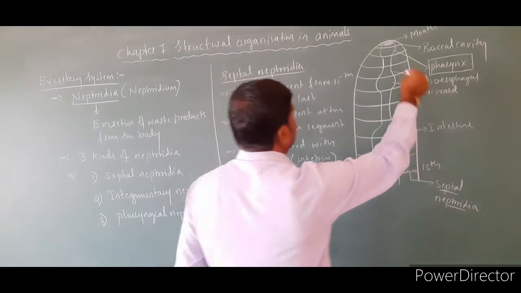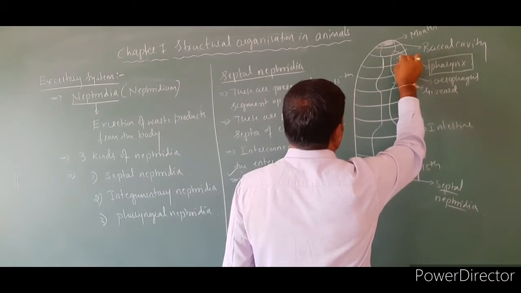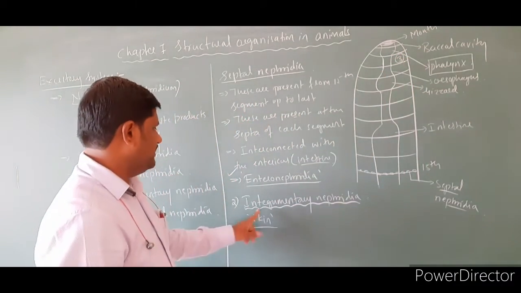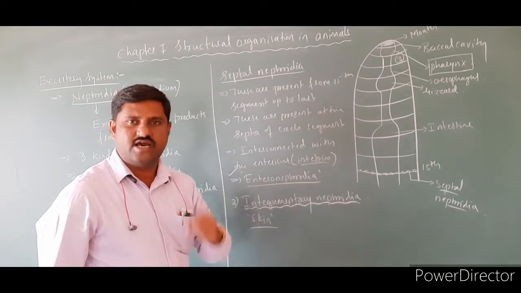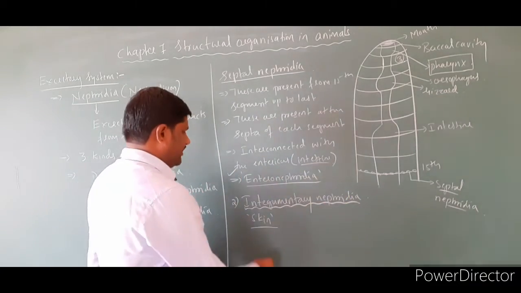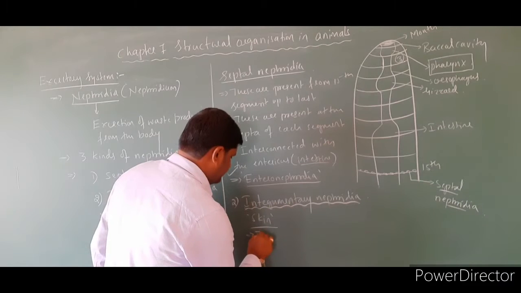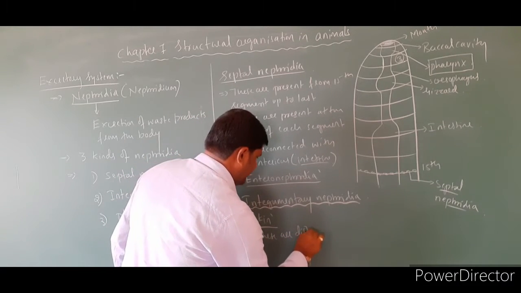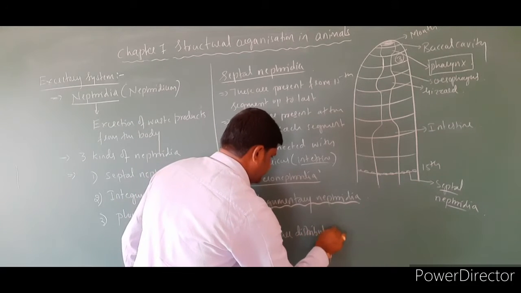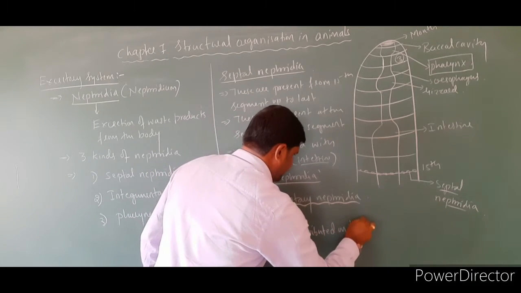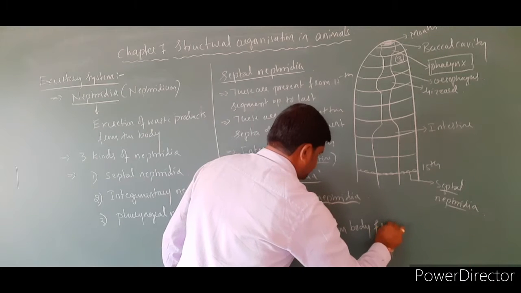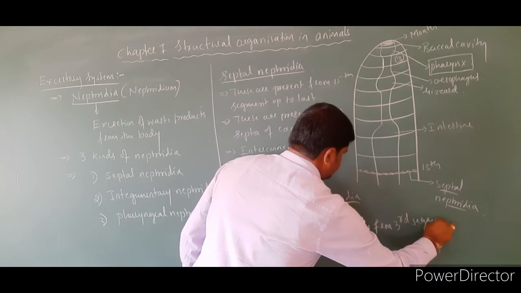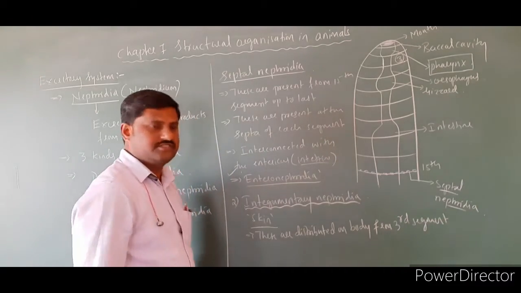So from the third segment, first, second, third, from the third segment up to the last segment, these integumentary nephridia are distributed on the body.